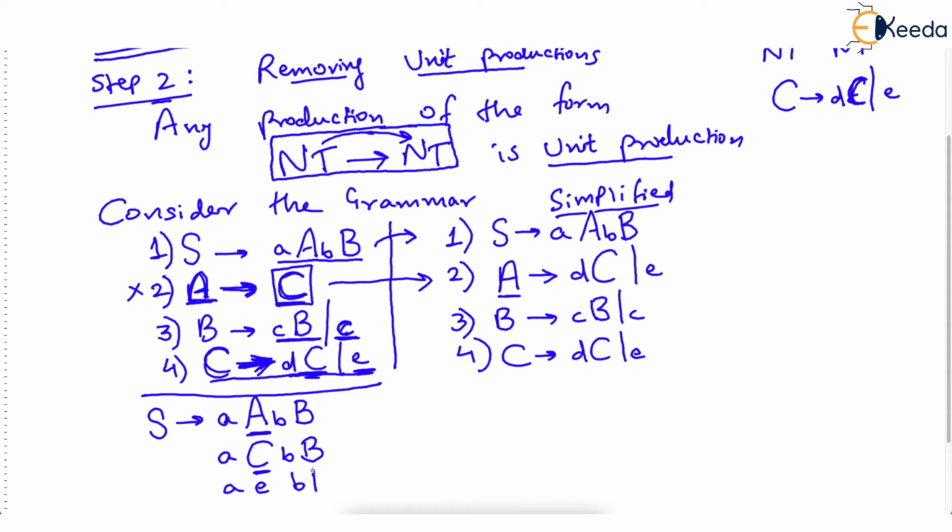And what we are left with is B followed by capital B. In the next step, this non-terminal B can be replaced either with cB or c. Let's replace this B with c. So you will get e, B, c. So this is one of the strings, of course.